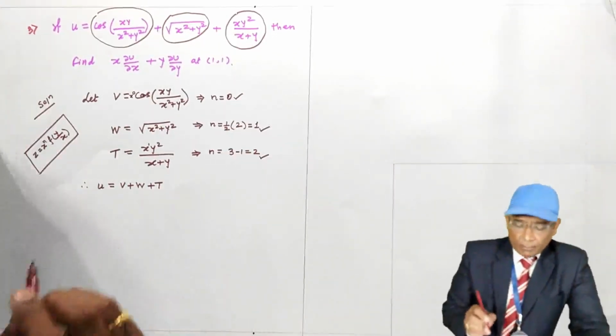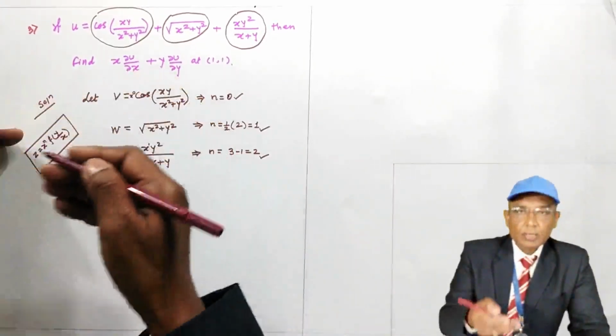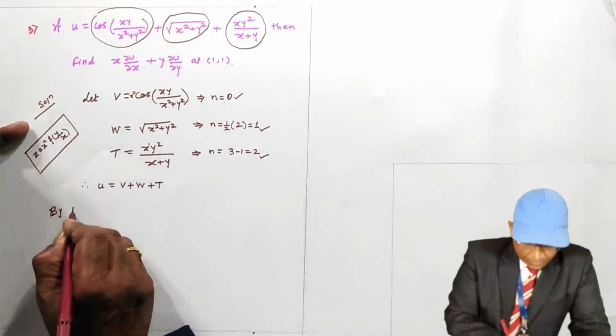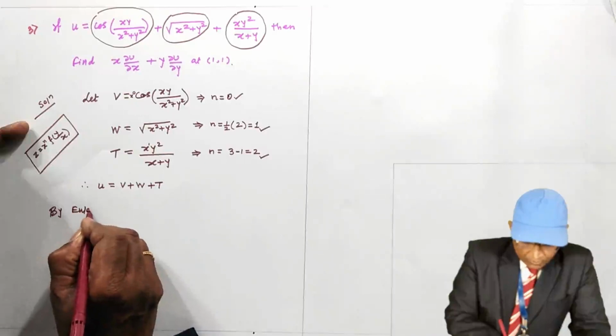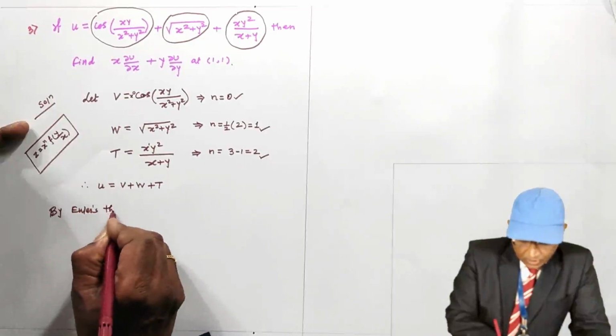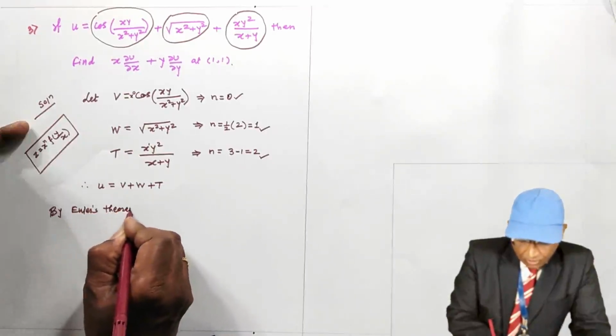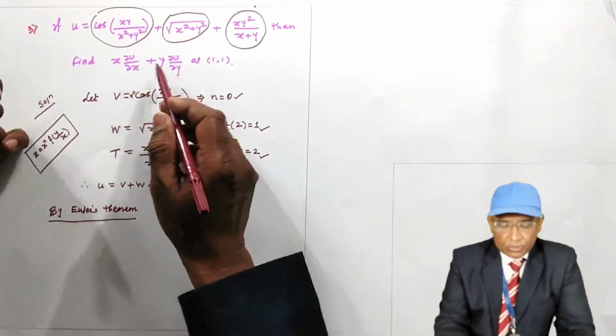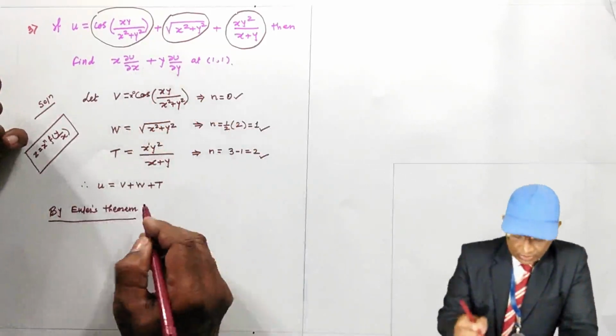Okay. Now I am writing Euler's theorem for v, w and t. But what is required here? In last sum, the second order differential coefficient was required. Now here the first order differential coefficient is required.